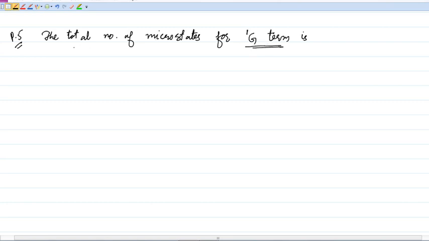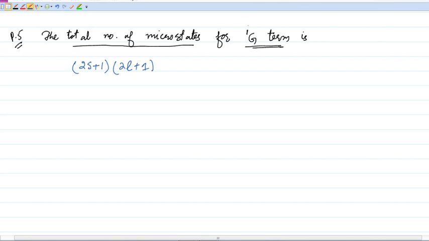So we have to calculate the total number of microstates. For this case, how to solve this? You have to use this equation 2s plus 1 into 2l plus 1.